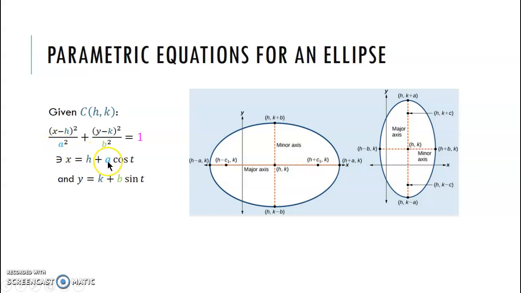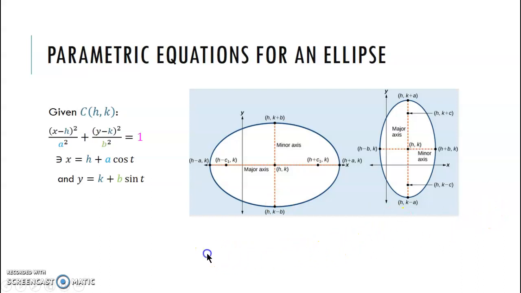So we're multiplying by that horizontal radius, and then we add our h from our center, the x value from our center. Similarly for the y, it all comes from this fraction here, y minus k squared over b squared. So we have y is equal to our k, the y of our center, plus b, the vertical radius, sine of t.